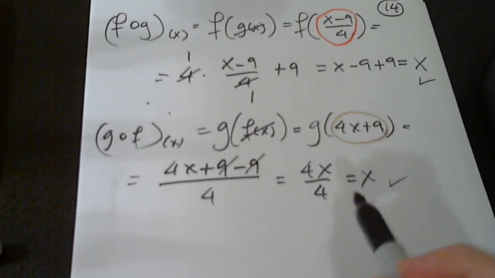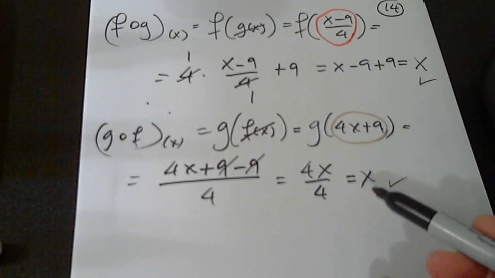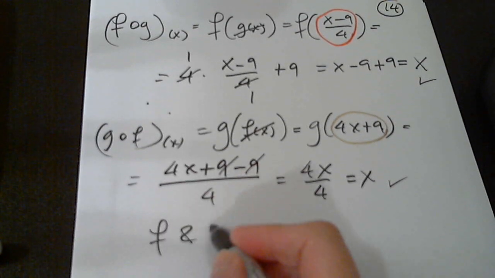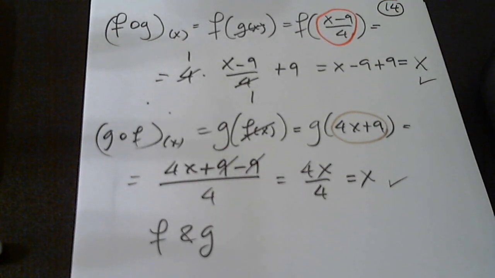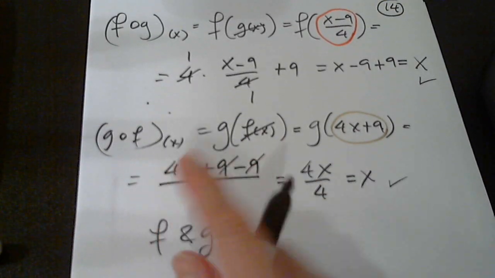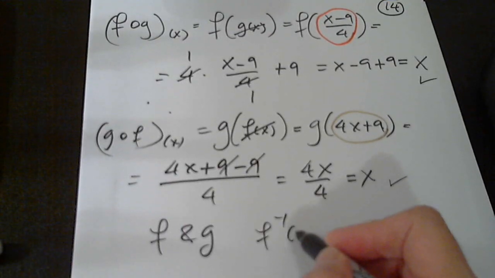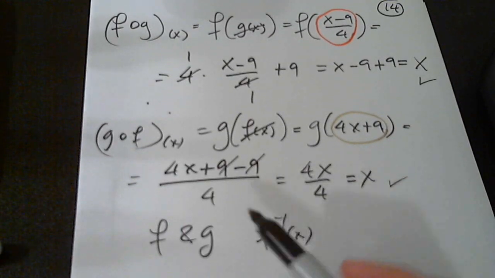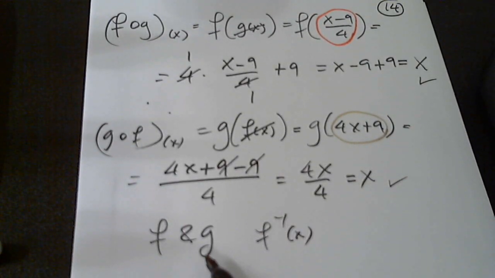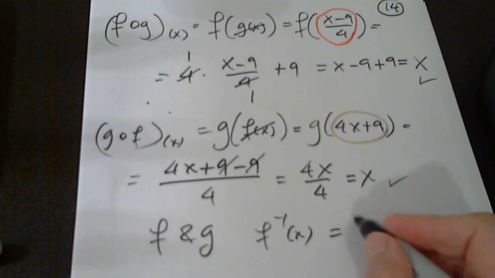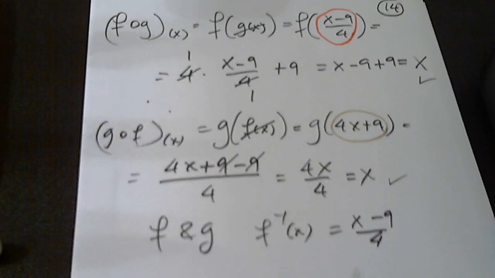What do you conclude in view of this? What do you conclude about f and g? They're inverses of each other. Indeed. In other words, f inverse of x is g, and vice versa. So this is (x minus 9) over 4.